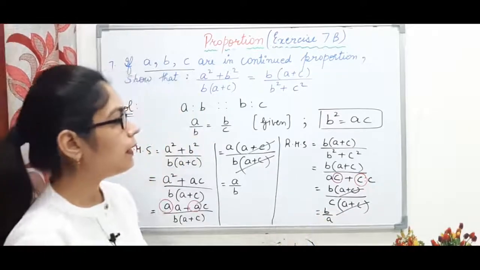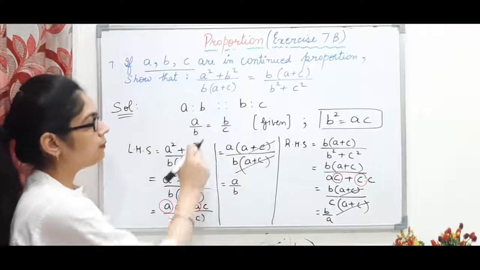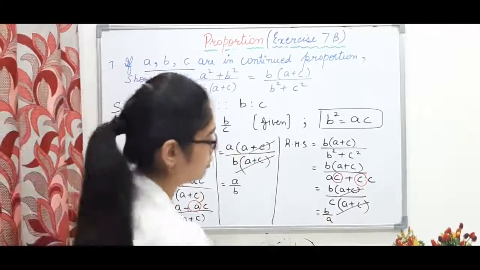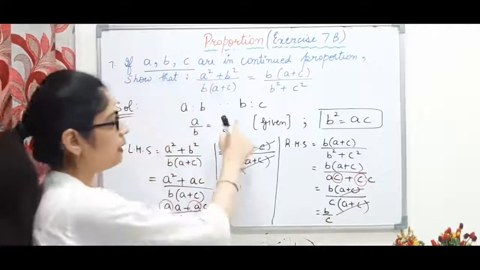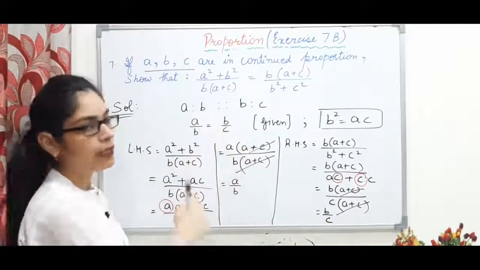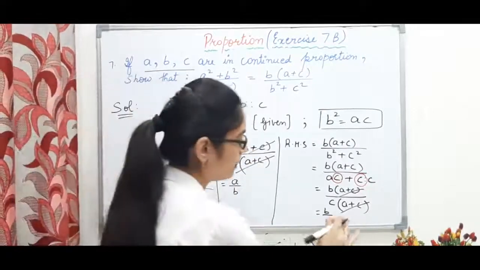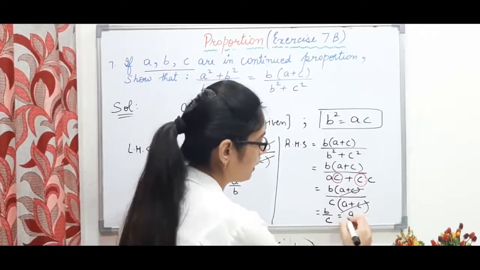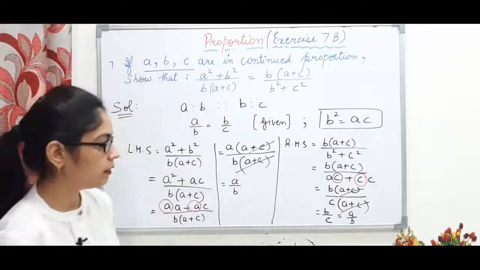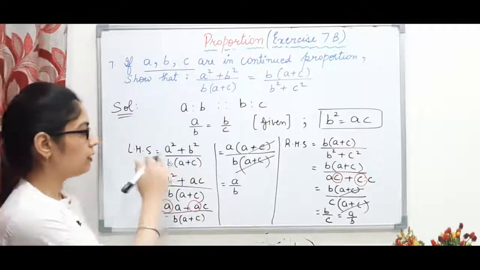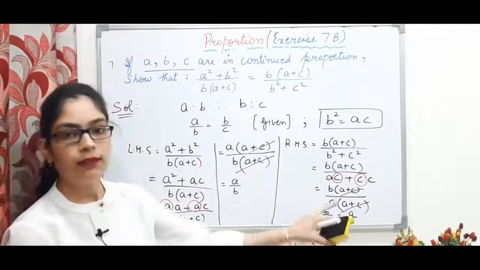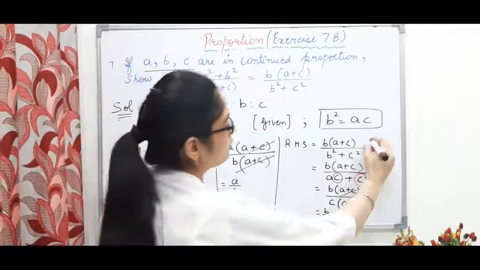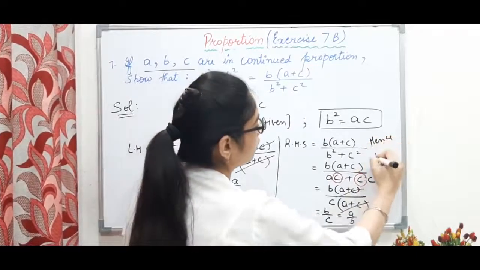Now b by c is equal to a by b, because it is already given to us. On solving the left hand side we got a by b, and on solving the right hand side also we got a by b. So we can write, hence proved.